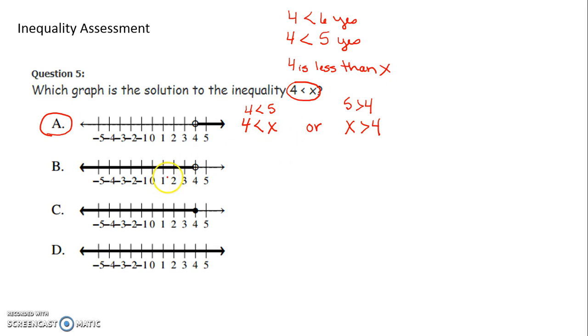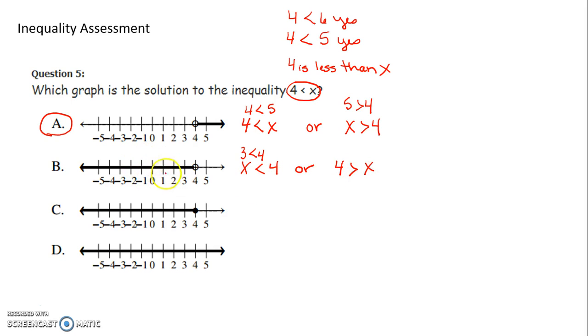Let's take a look at what letter B would say. Well, letter B is that x is less than 4, because the numbers like 3, 2, 0.5. Here you can see 3 is less than 4. Or if x is less than 4, you could have written that as 4 is greater than x.